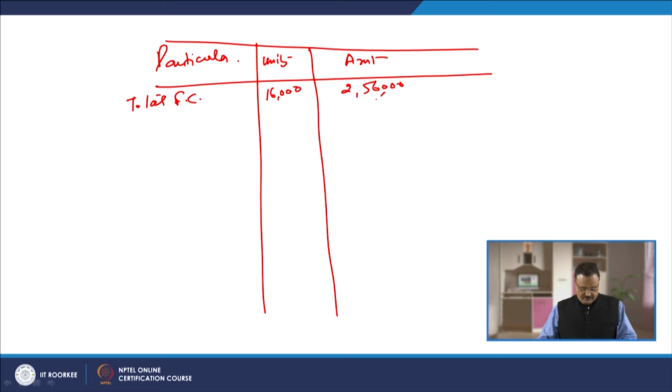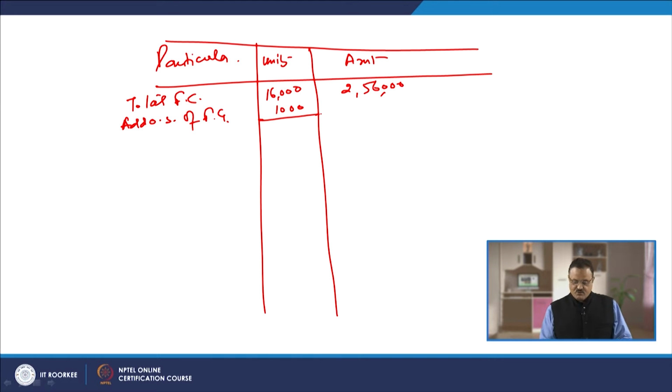Now, we will have to treat the stock of the finished goods. So, this is how many units we produced. In the current period, we produced 16,000 units. And in this case, you have to add the opening stock of finished goods. Some units we produced here and some units we transferred from the previous period. How many units were already there in the warehouse? 1,000.